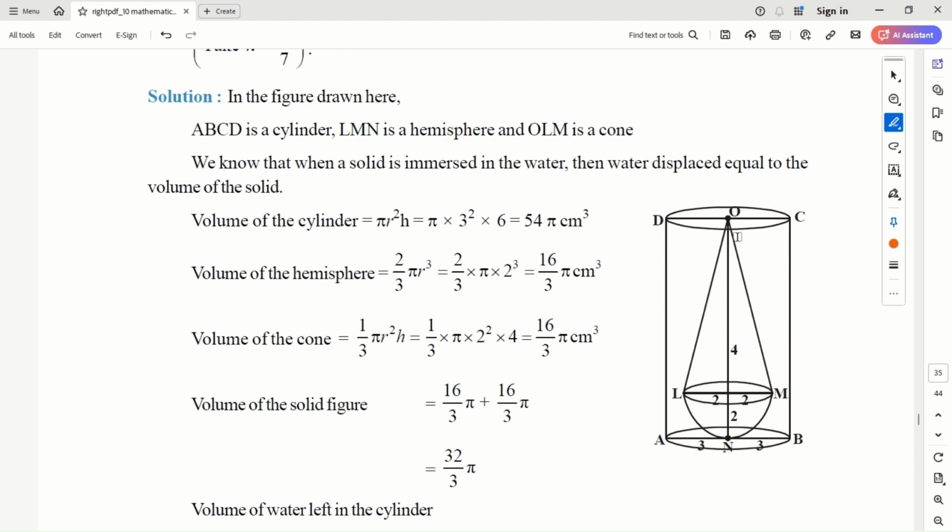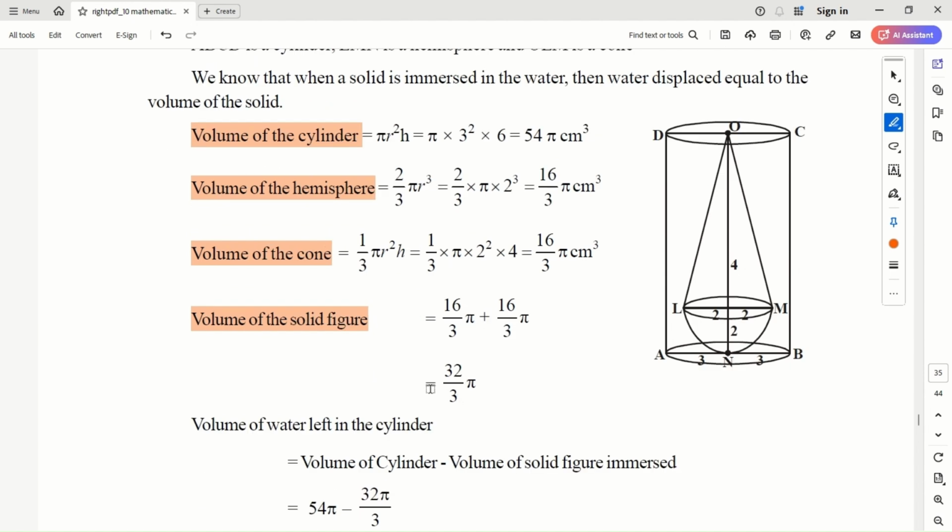So this solid object, when it is immersed in water, will displace an equal volume of water. So first thing is we calculate the volume of the cylinder, and subtract the volume of this solid, because this much water will flow out. So volume of the cylinder we calculate here, volume of the hemisphere here, volume of the cone here. The volume of the solid figure is basically the sum of the hemisphere and cone.